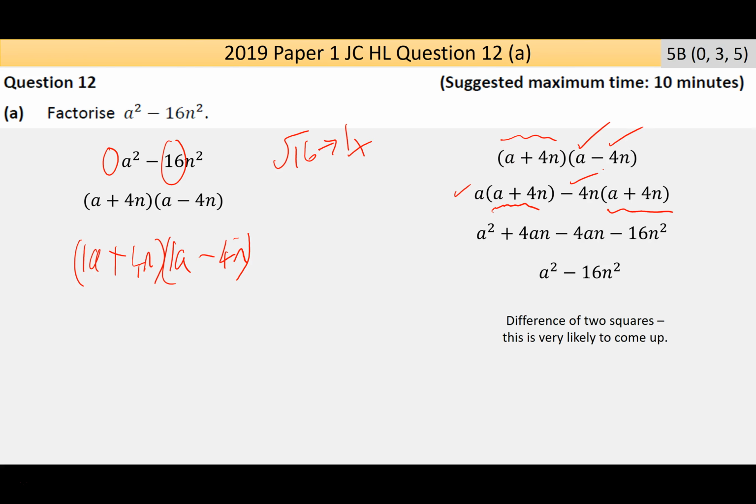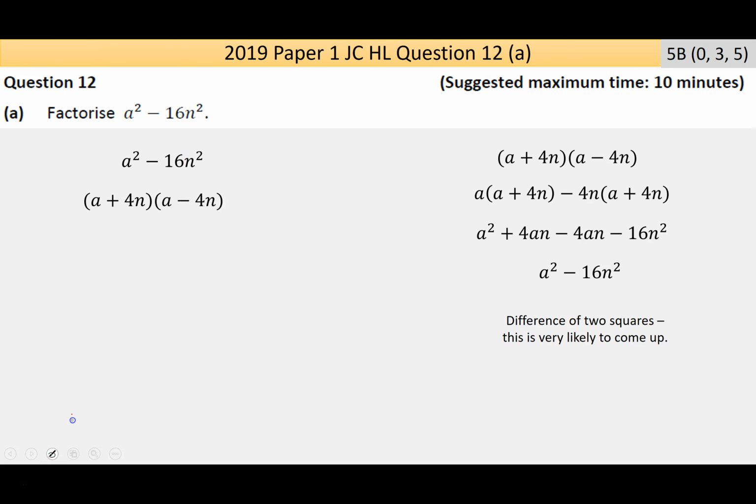The reason I do that is all I've got to do now is go left to right and remove brackets. So a times a is a squared. A times 4n is 4 times a times n. They can't actually multiply, so the terms are left. Now the other side here is negative 4n times a, which is the exact same thing as minus 4 times a times n. Two times 3 is the same as 3 times 2.